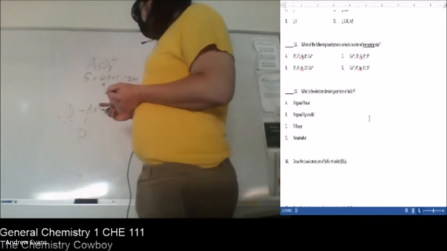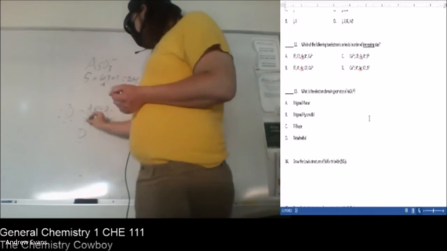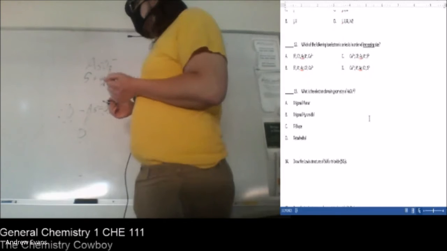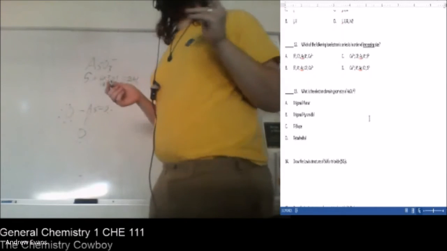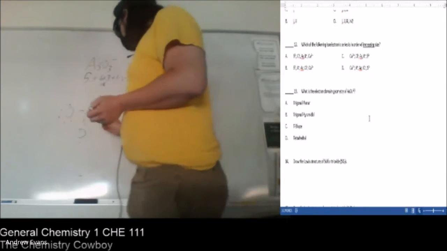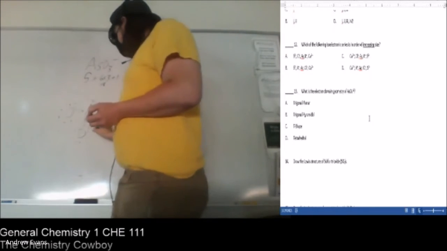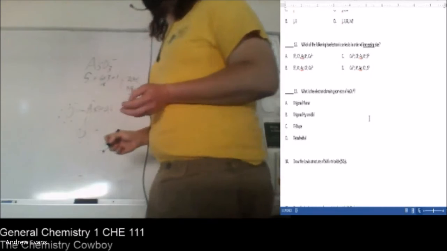Now, how many things are coming off the arsenic? 1, 2, 3. What's its shape? It's going to be trigonal planar. Now, this structure has 3 formal charges.